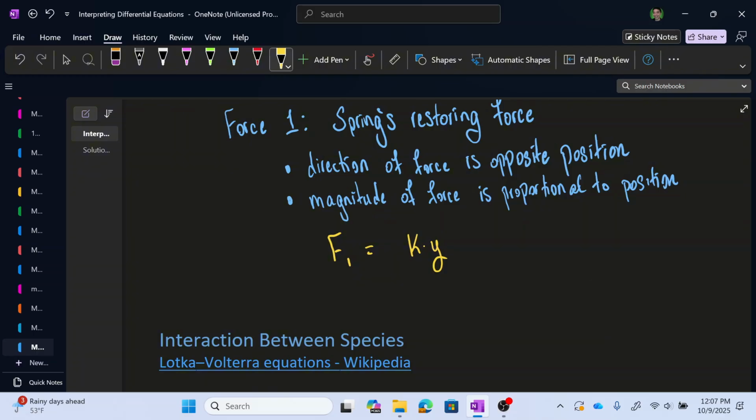So I will capture that by applying a minus sign in the expression. The spring's restoring force is some number times position, but the direction is opposite, so I will capture that by applying a minus sign in this equation.